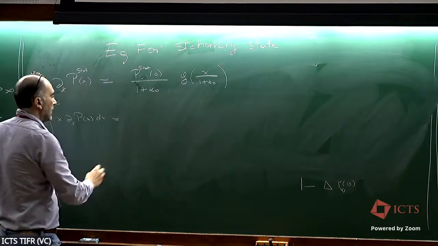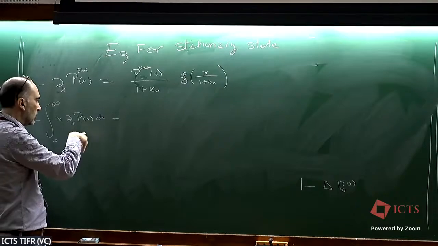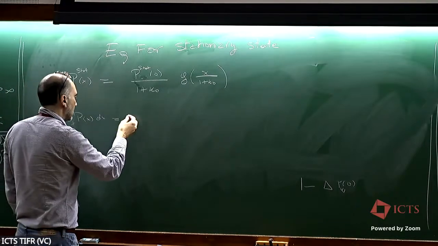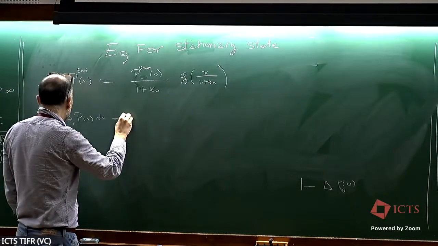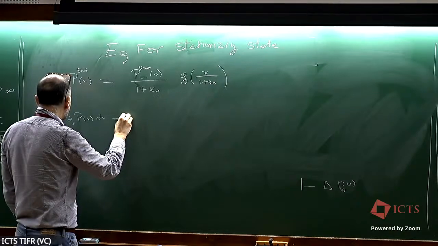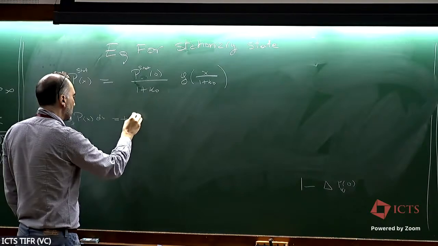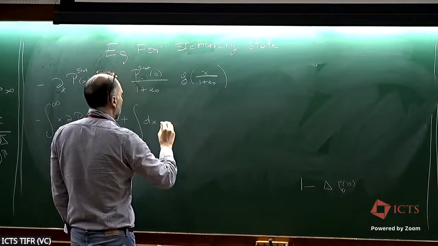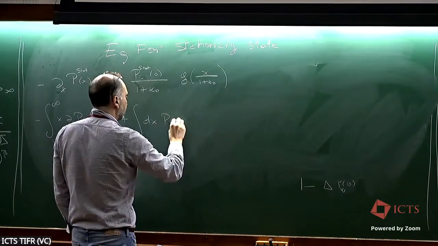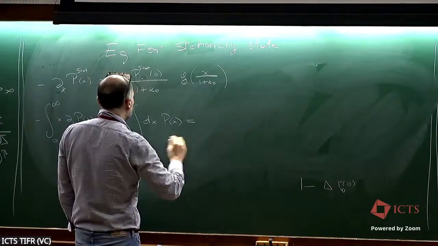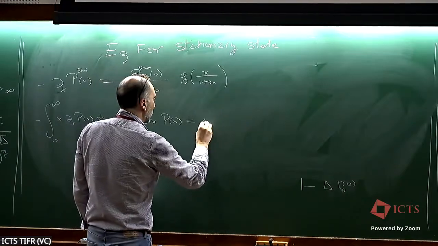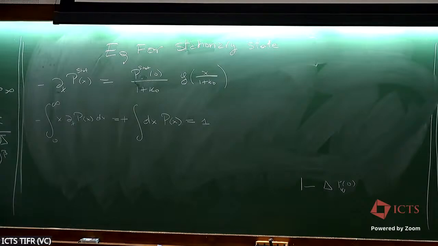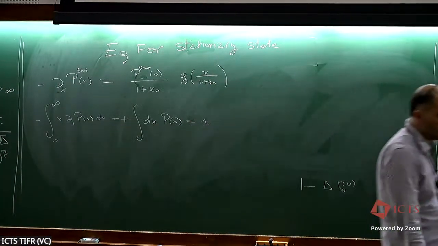And this will be a term which is 0 and then minus the integral of dx px, which is equal to 1. Let me check if I have a problem of sign, but I don't think so.